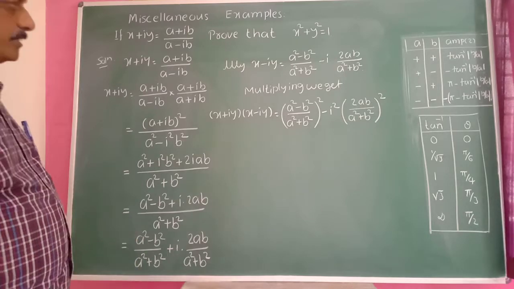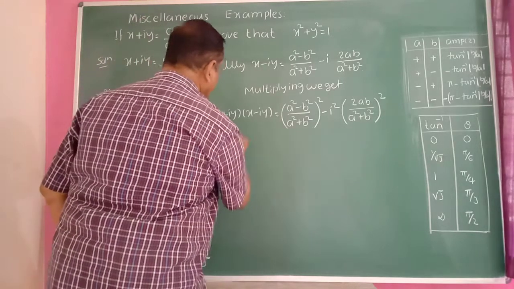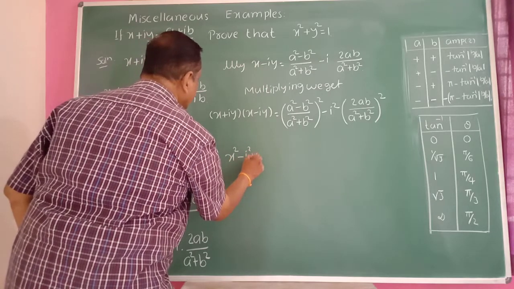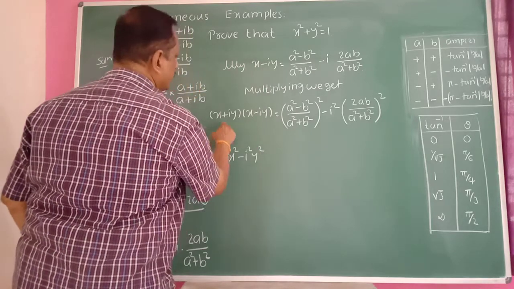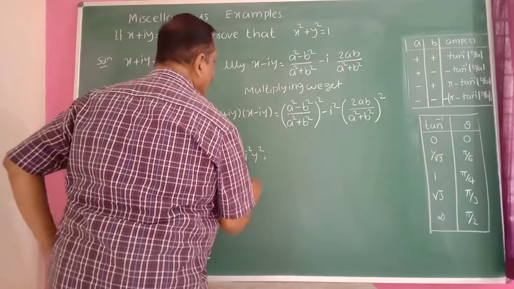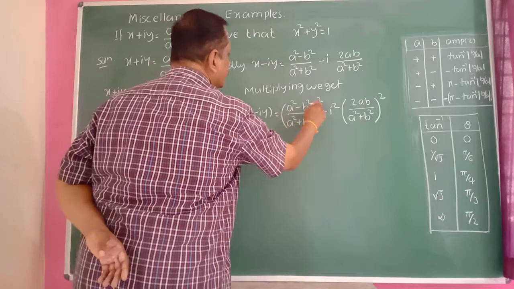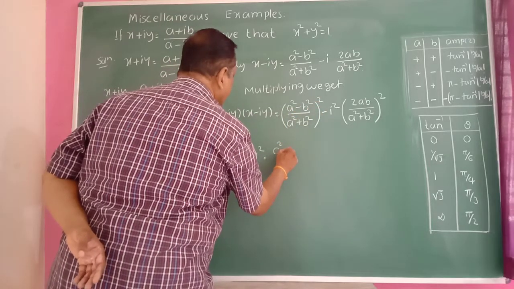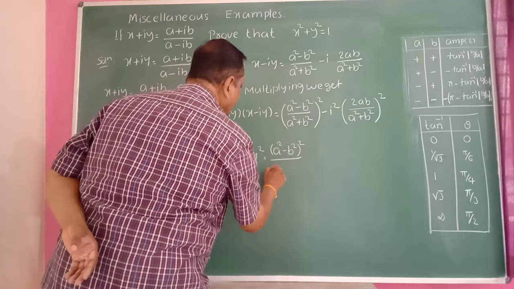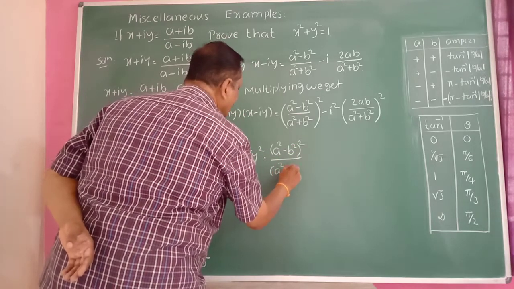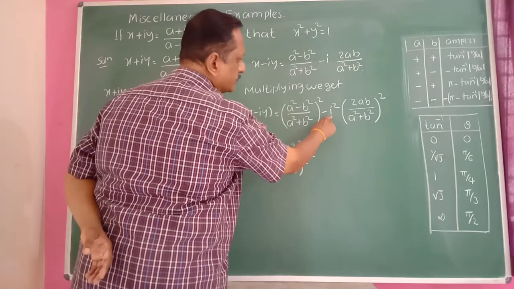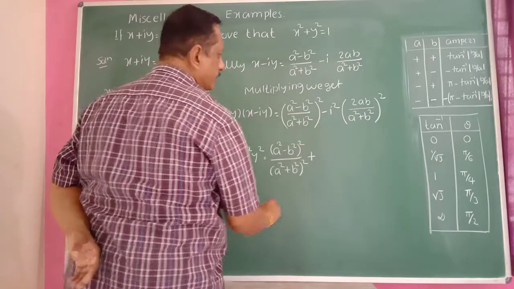Now you simplify here. So this is equal to, here the product of these two is x square minus i square into y square. Then a square minus b square divided by a square plus b square, it's a square, minus i square is there, minus of minus becomes plus here.